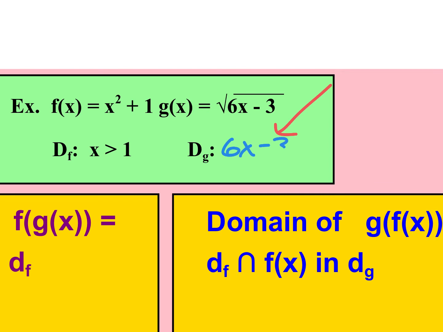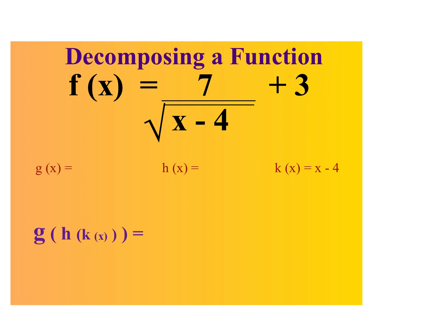Six x minus 3 greater than or equal to 0. 6x greater than or equal to 3. x greater than or equal to 1/2. Who had that one right? Good. Then the rest of it is just following that formula. If you got that wrong and you want help, come in the morning on Monday. I'll help you. You could also watch the video that I recorded on it.